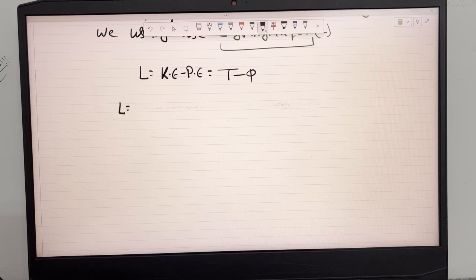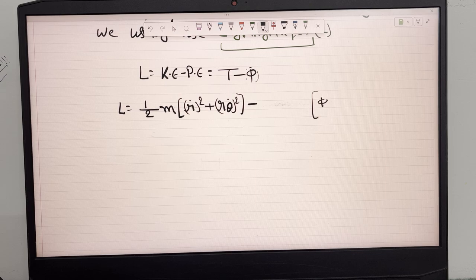So L is equal to half m v squared. V squared is nothing but r dot squared plus r theta dot squared. Here is a plus, minus, right? The phi is your potential energy.